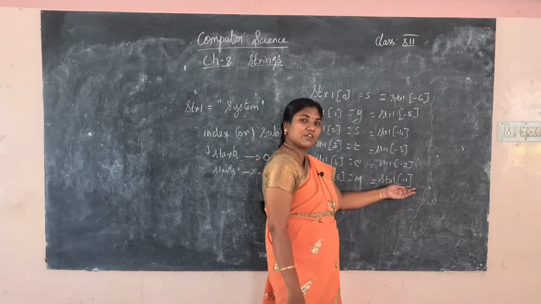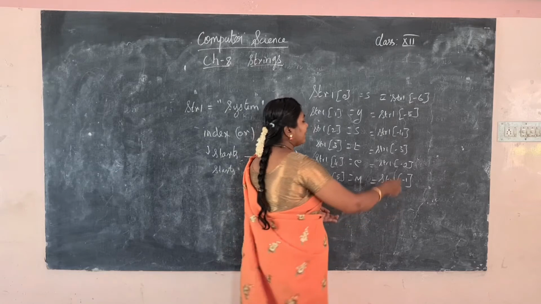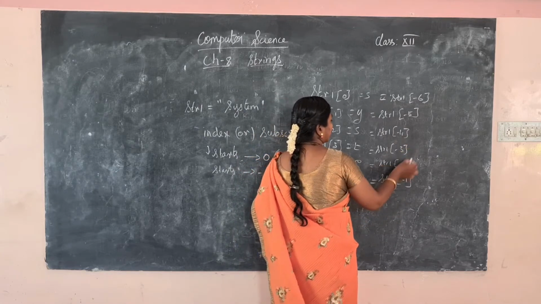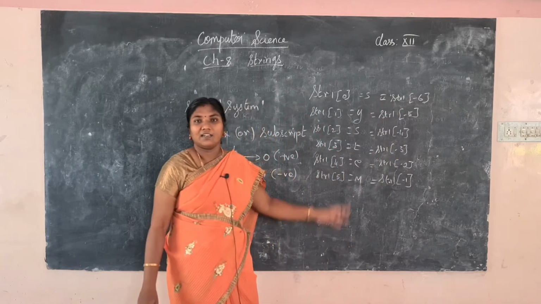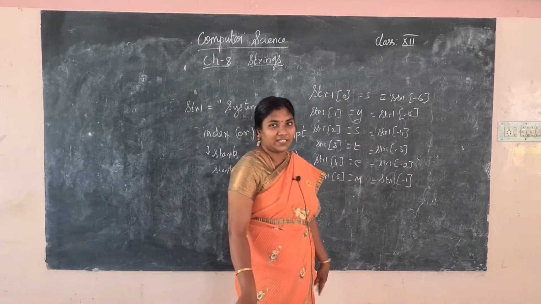String 1 of -1 is the last character. From there it goes on decreasing by 1, so -2, -3, -4, -5, -6. The index will be the minus of the length of the string, and that is the first character.